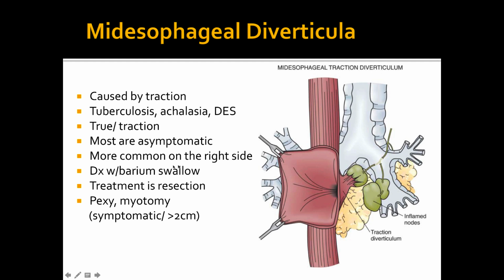They occur more commonly on the right side because the mid portion of the esophagus is usually in the right chest, since the esophagus goes from left neck, right chest, and left chest as it enters the abdominal cavity. So it makes a slight right-sided curve. Treatment: if they're symptomatic, you can resect or do a myotomy, but most of these patients are found incidentally and are asymptomatic, so no need for any therapy.